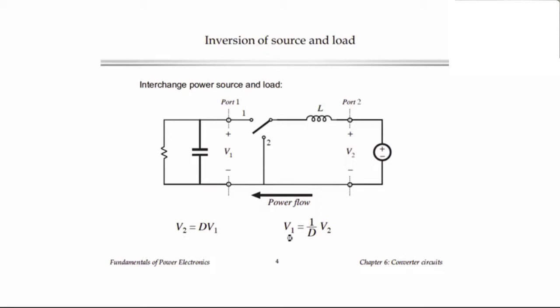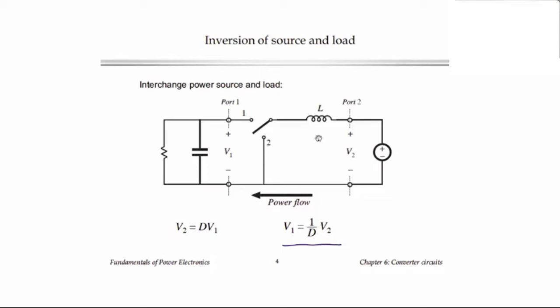If we solve for V1, we find that V1 is equal to V2 divided by D, the duty cycle. And since the duty cycle is less than 1, the load voltage V1 is greater than the source voltage V2. So this performs the function of boosting the voltage.